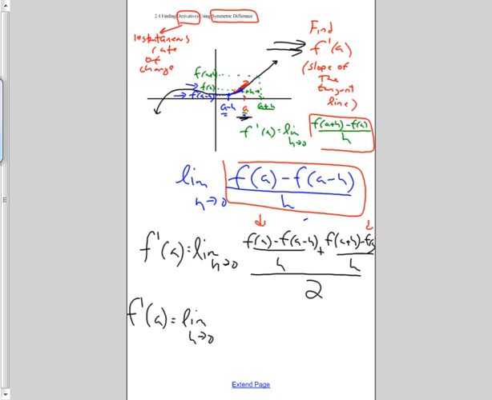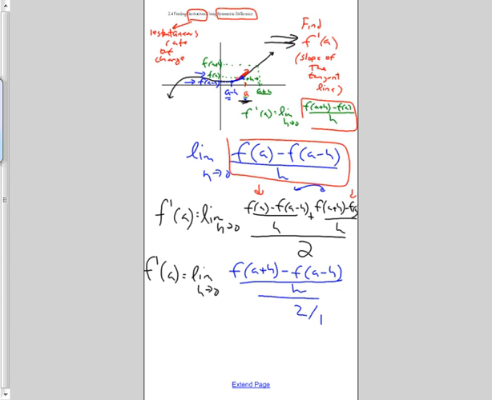And if I rearrange these so that we have a positive and a negative, we get f of A plus h minus f of A minus h over h over 2. And now we're just dividing. We've got a fraction divided by a fraction, so I can put 2 over 1. And we know what to do there.